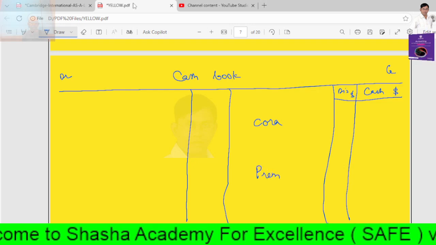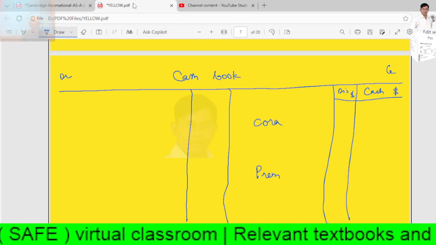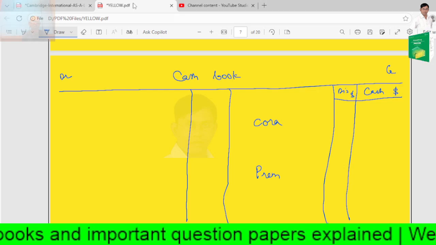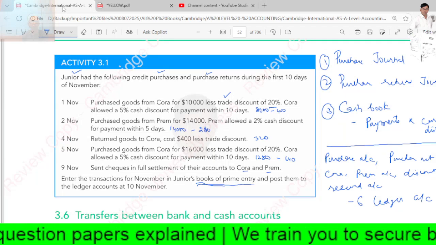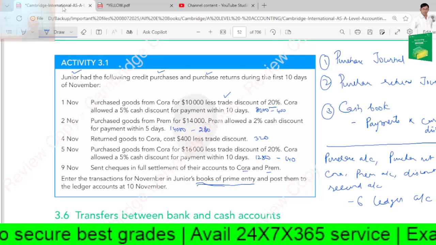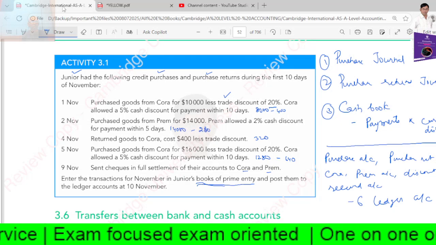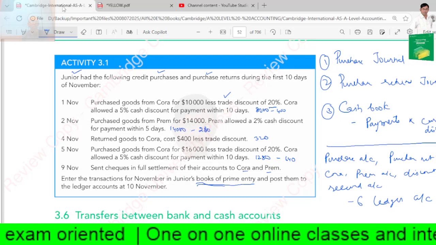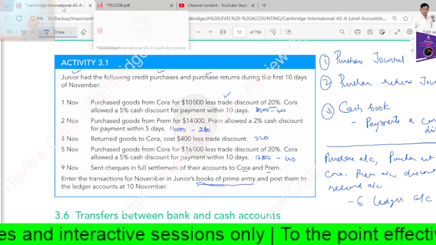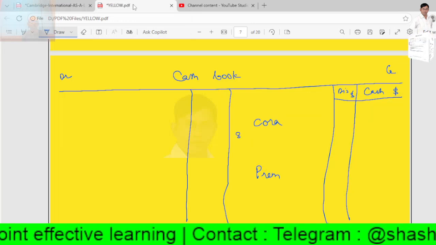But here we need to calculate, because what are the transactions you have done with Cora? You purchased, returned, again purchased.